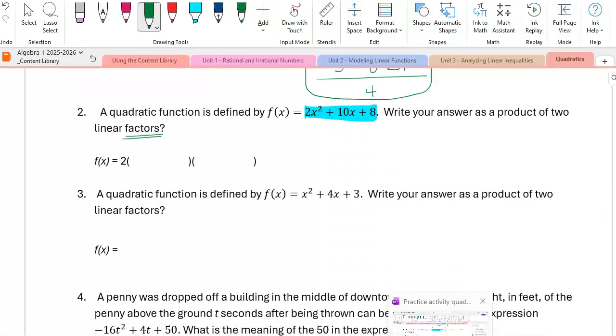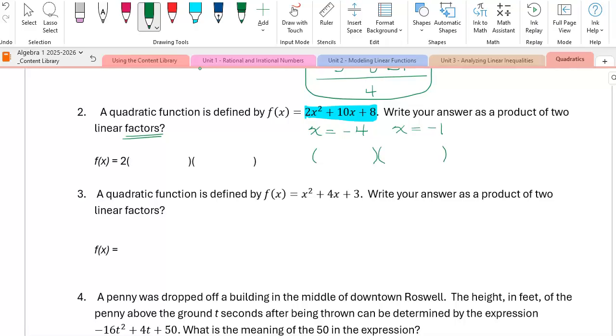So I'm going to go back here and write these down. So we had x equals -4, and we had x equals -1. But we need to turn them into factors. We have 2 solutions, so 2 factors.